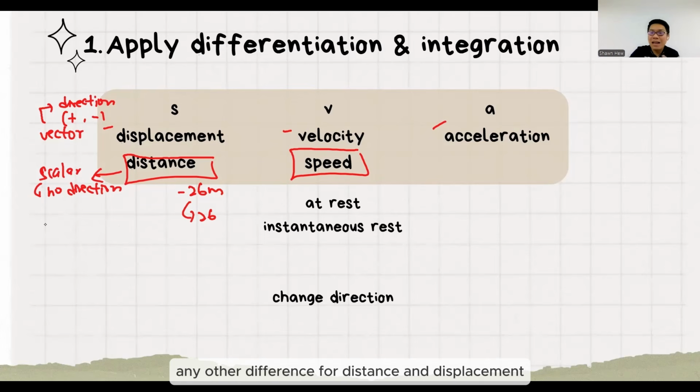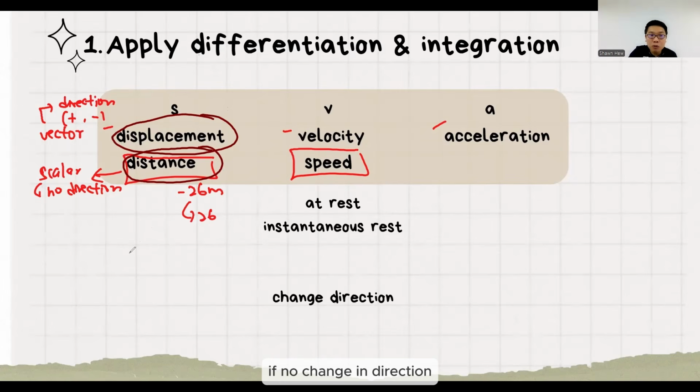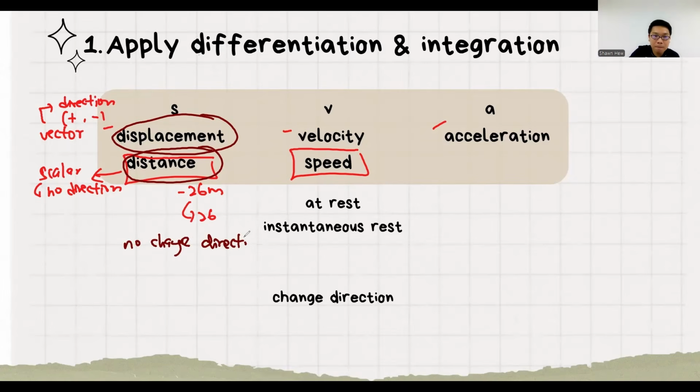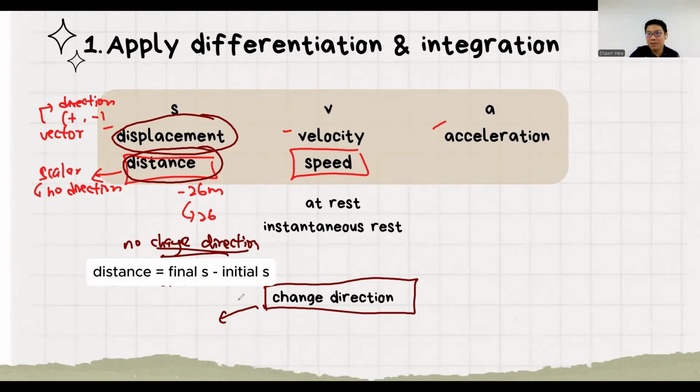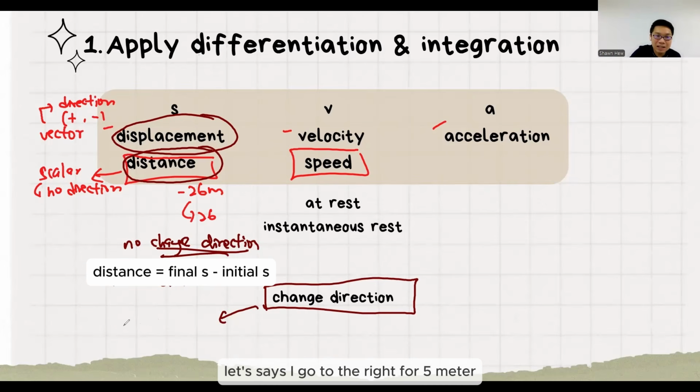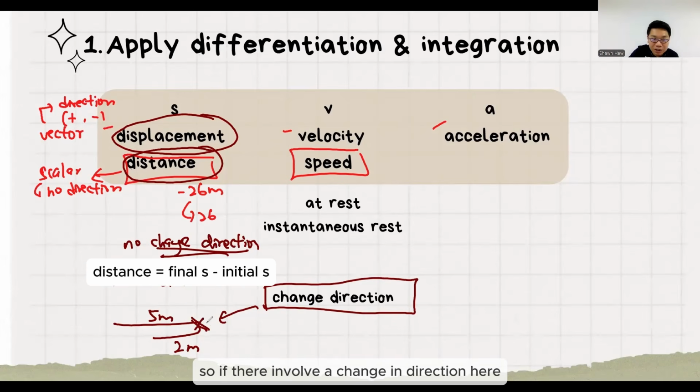Other than this, there is another difference between distance and displacement. If there is no change in direction, they are the same. If you have a change in direction, then you need to be extra careful. Let's say I go to the right for 5 meters and I come back 2 meters. Since they involve a change in direction here, you need to count the distance before and after the change in direction.